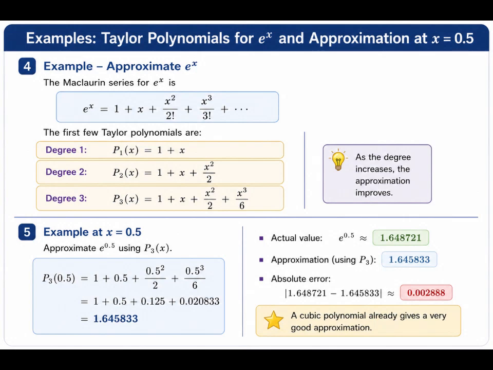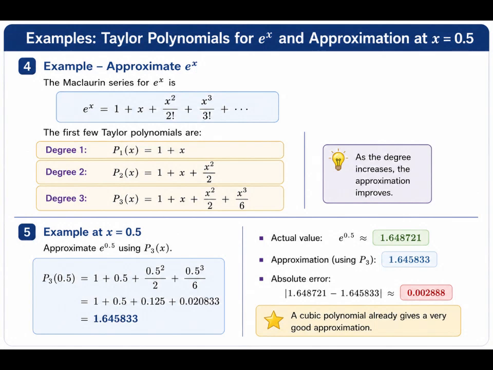Now compare this with the actual calculator value. By taking the difference, we can find that our absolute error is extremely small, approximately 0.0029. This is a very small error. A polynomial containing only 4 terms already provides a highly accurate approximation.